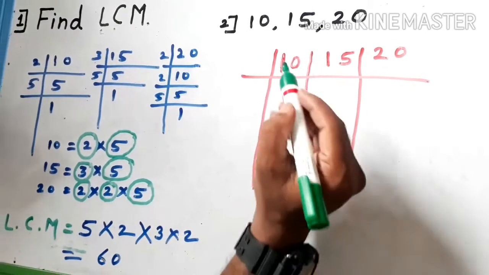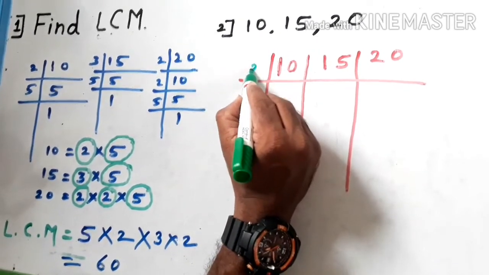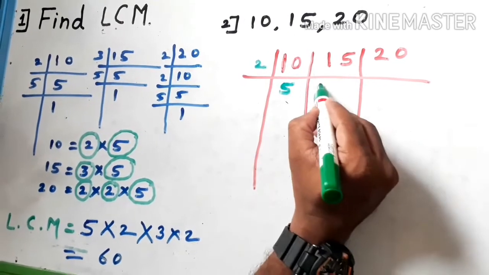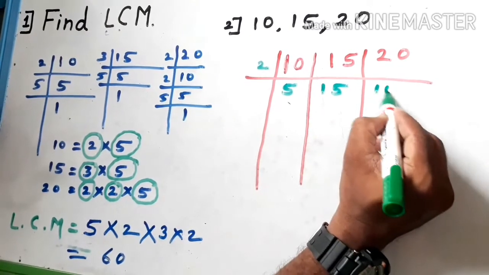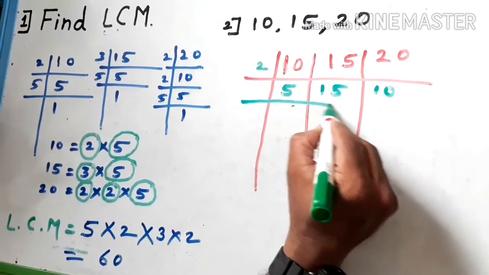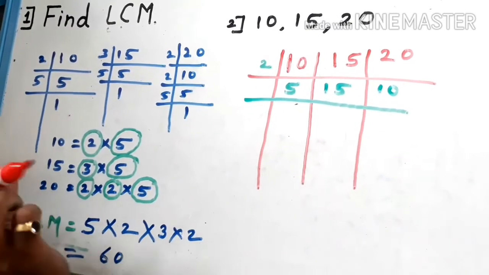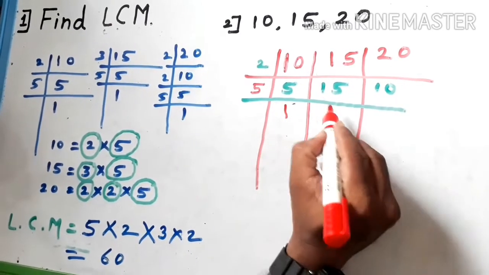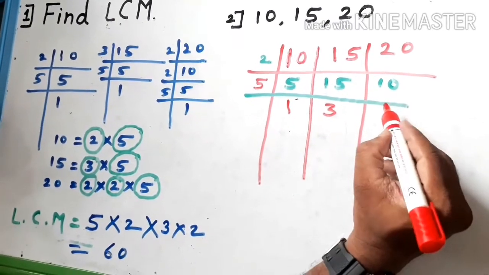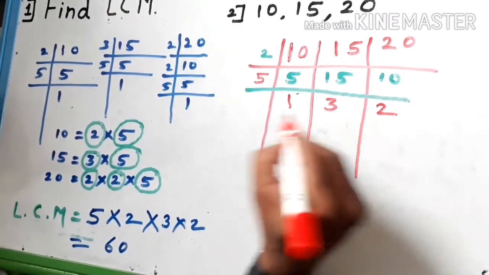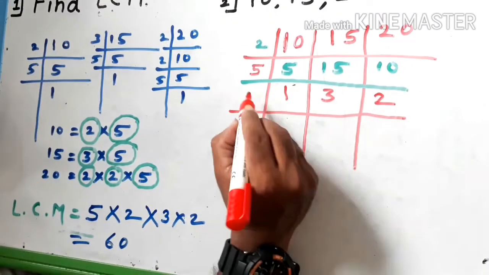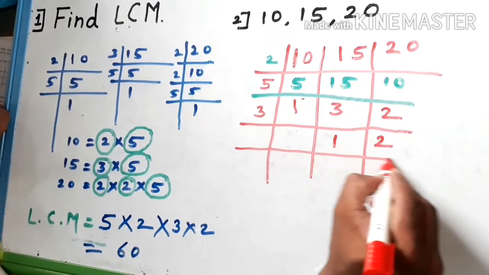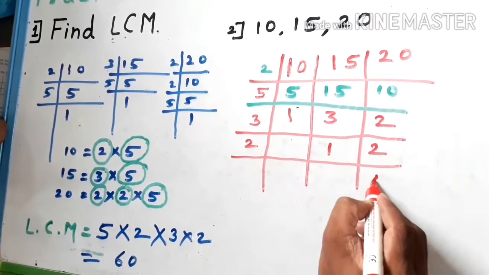Look at 2. First of all 2: 5 twos are 10, 15 stays 15, and 10 here. Again 5: 5 ones are 5, 5 threes are 15, 5 twos are 10. Again 3: 3 ones are 3, and 2 is 2.